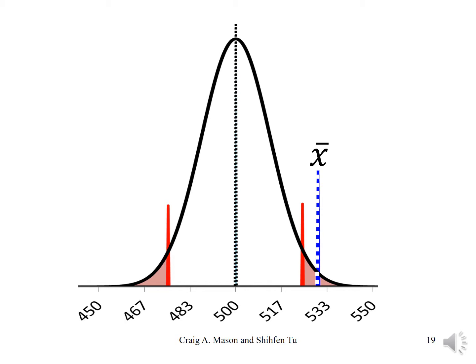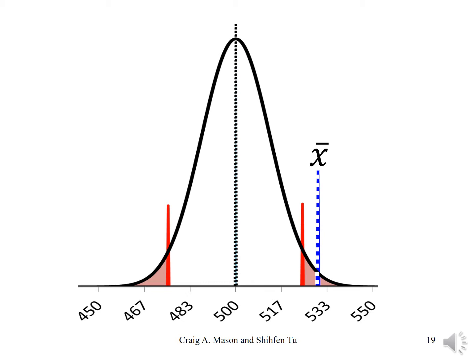In a way, you can see that illustrated here. The curve is the sampling distribution of means based on the null hypothesis being true. This reflects the sample means we would expect to see if the null is true and mu, our population average, really is 500. The red lines indicate the critical z-scores we would need to reject the null, and the red shaded area indicates the region of rejection.